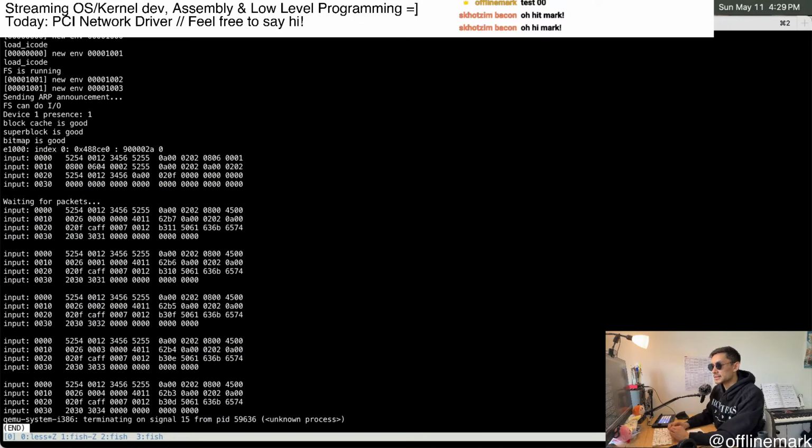And here is the data that we see from QEMU. 1, 2, 3, 4, 5. I don't exactly know what's in this. This looks like the string, but from a first glance, it would seem like 5 packets were received.